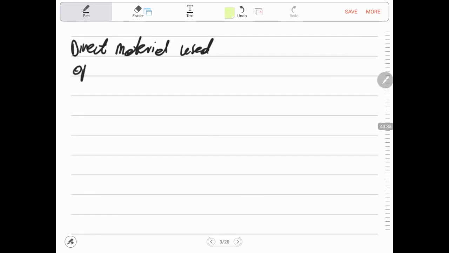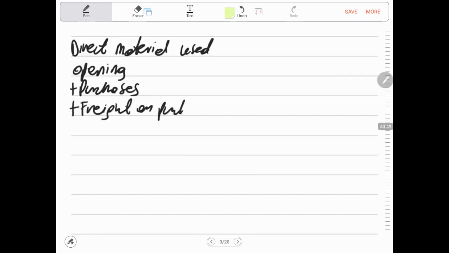Material used, we know that is opening balance plus purchases, then plus freight on purchases, less closing. Our opening, we know that it is 65,000.